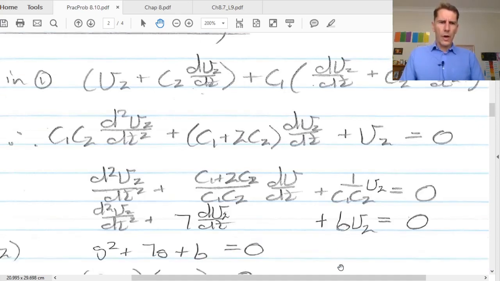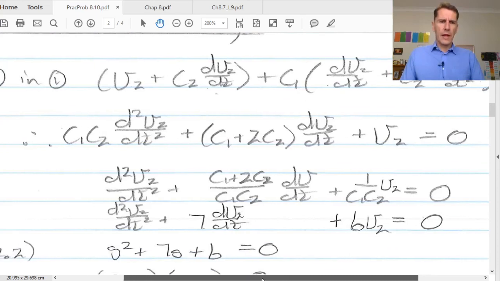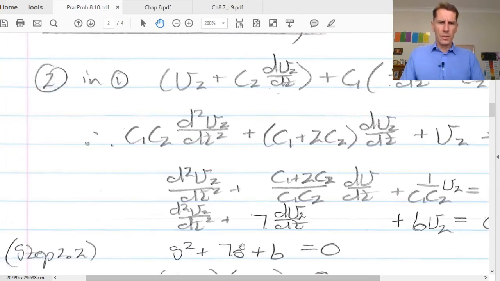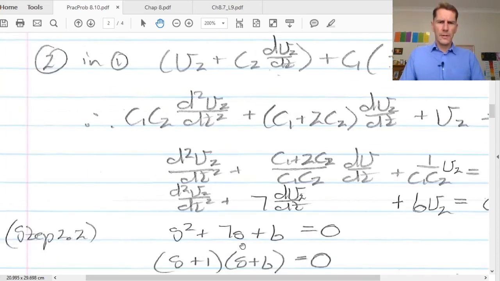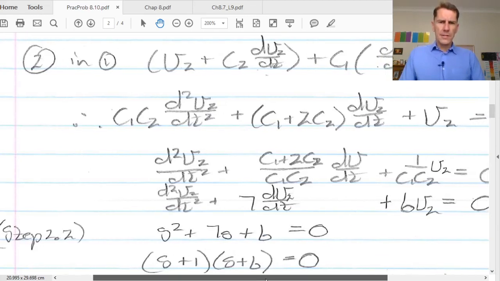Now we write this in the form of that characteristic equation. All right, step 2.2 I called it. s² plus 7s, so the second order becomes s² plus 7s plus the 6 there. So that's an easy one. And then I don't know if you can still do factorization. Yeah, for you guys it's not that long ago.